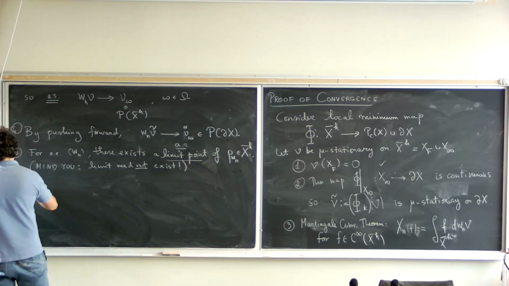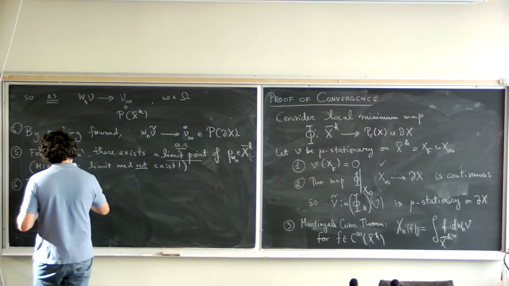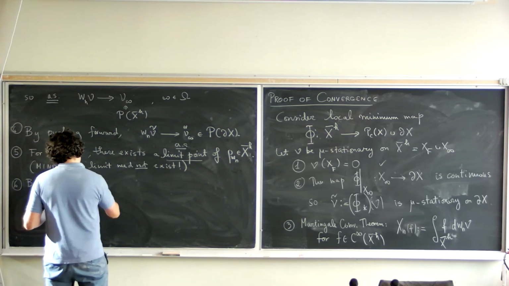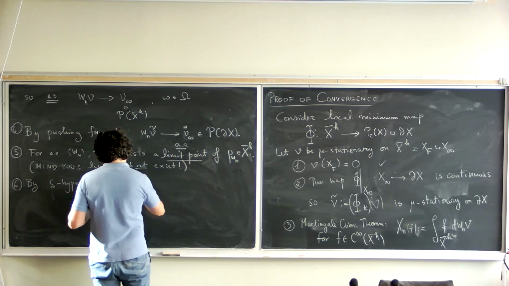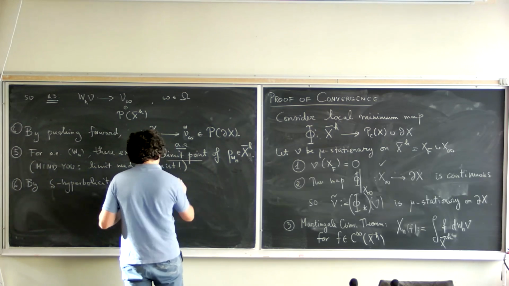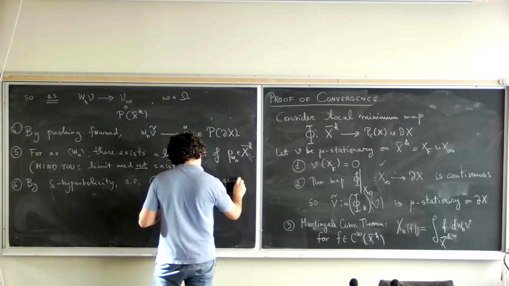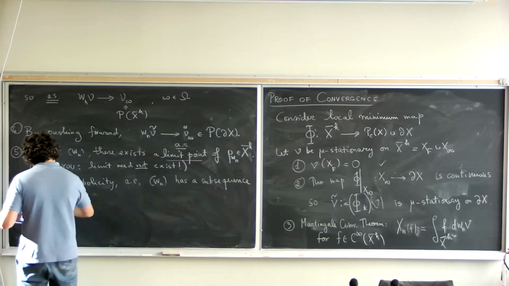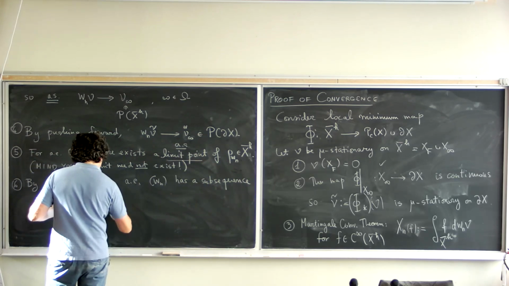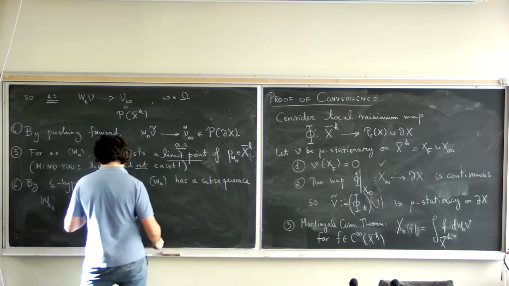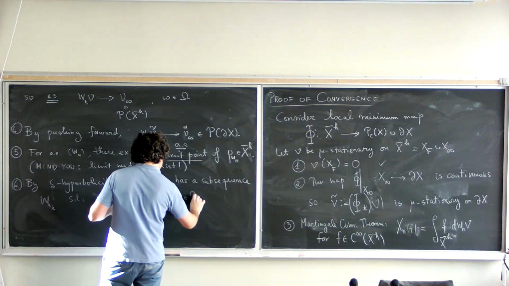And now we use the geometry. By the delta hyperbolicity, almost every sample path Wn has a subsequence Wnk such that Wnk nu star converges to a delta mass, lambda.